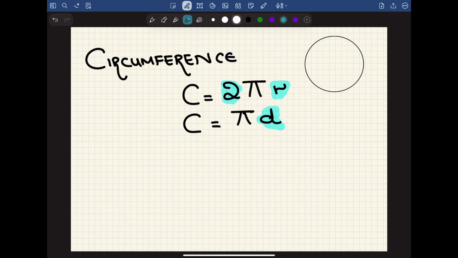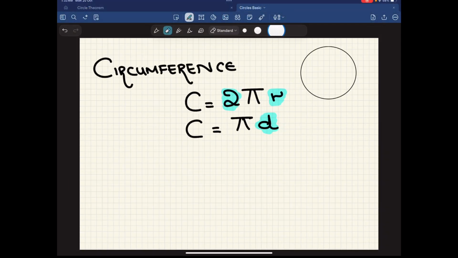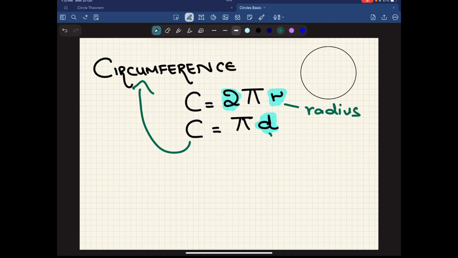So the circumference of the circle is calculated using 2 pi r or pi d, where c is basically the circumference of the circle, r is the radius, and d is the diameter.